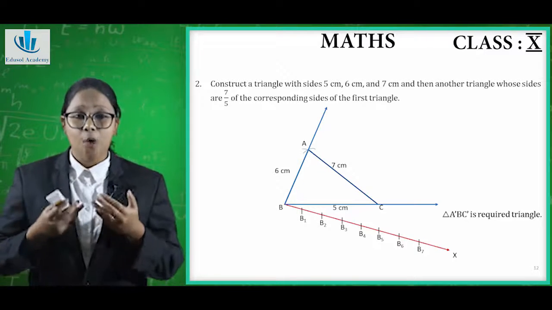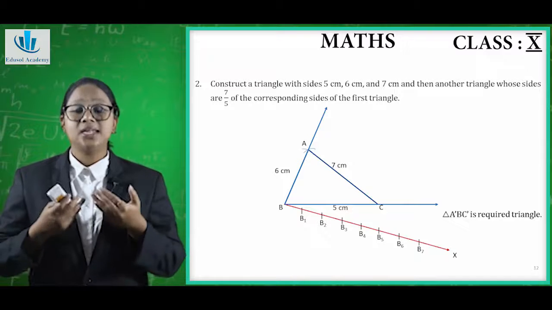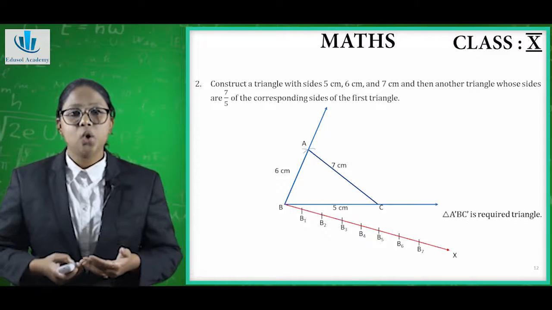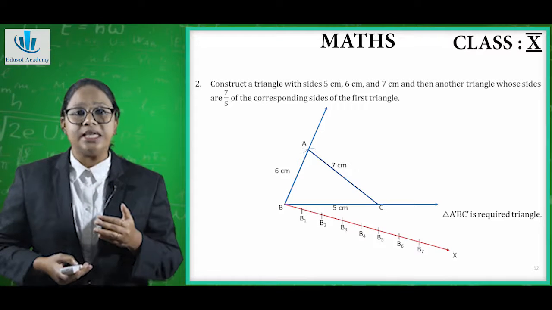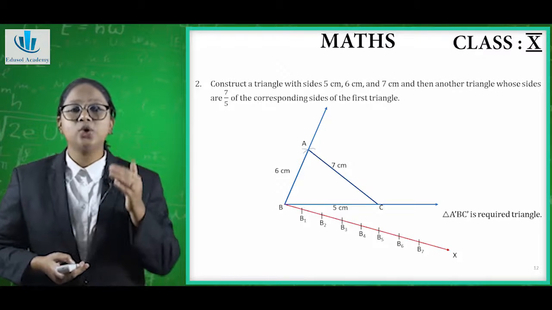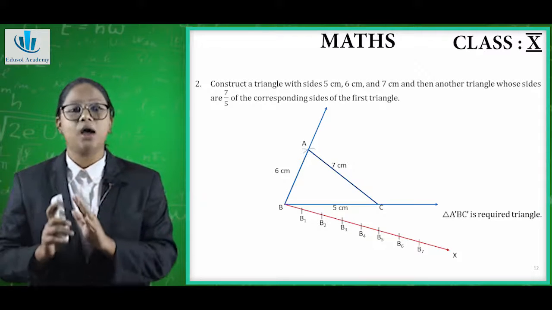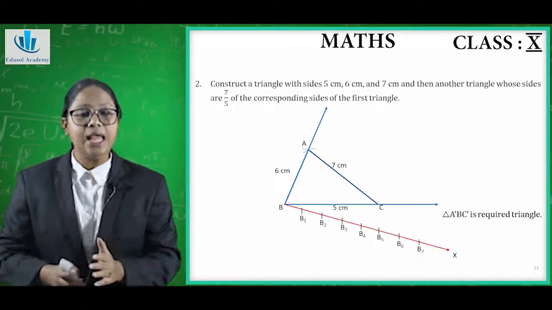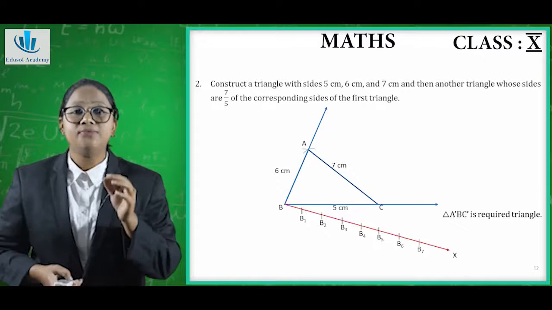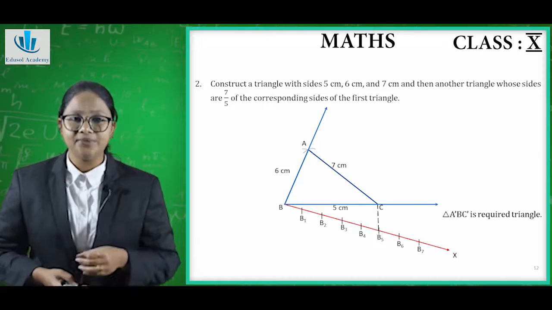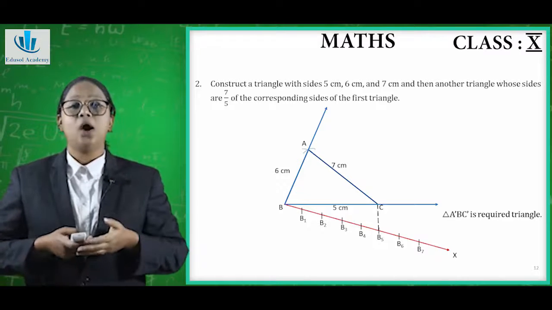Now I have already specified that the required triangle will come outside the given triangle. So the ratio is 7 by 5, so 7 should stay free. So we have to connect B5 to C, the given point. So connect B5 to C.